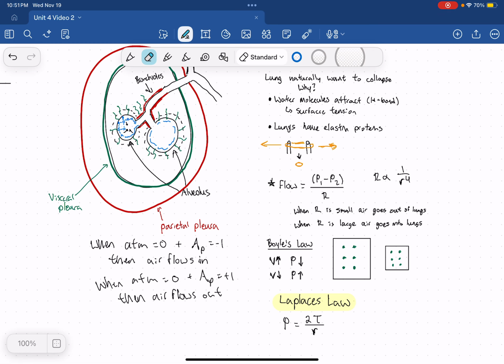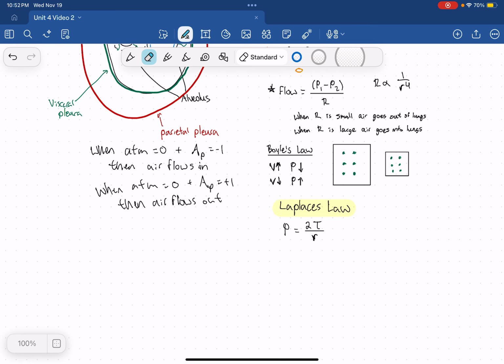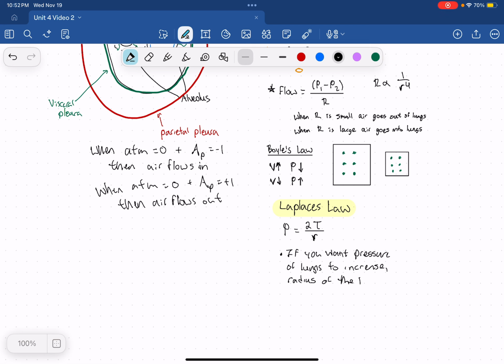So for this law, if you want the pressure of the lungs to increase, the most logical way for that to happen is for the radius of the lungs to decrease.